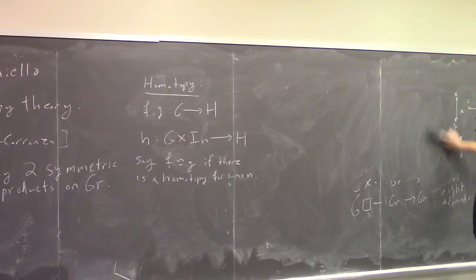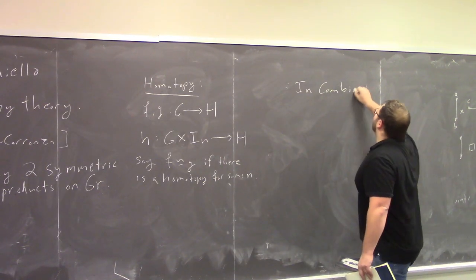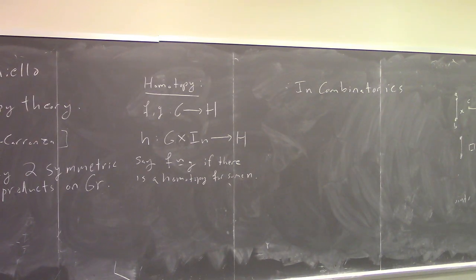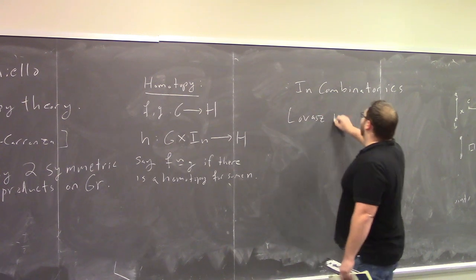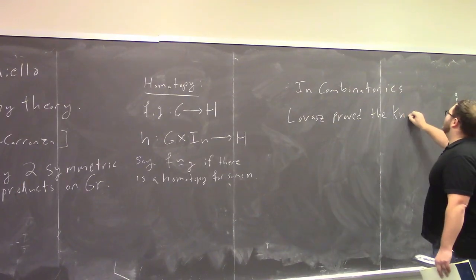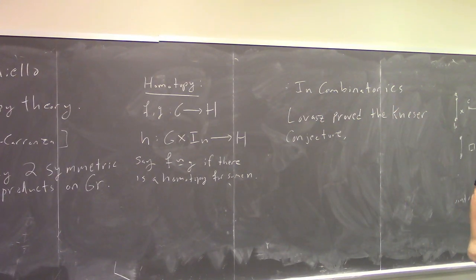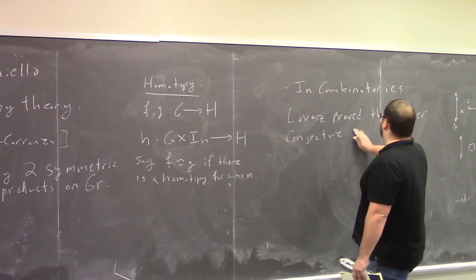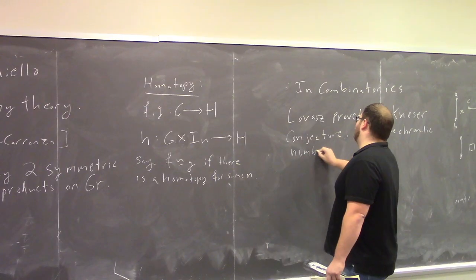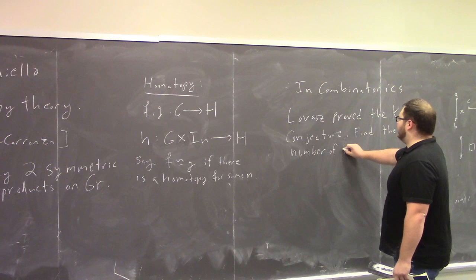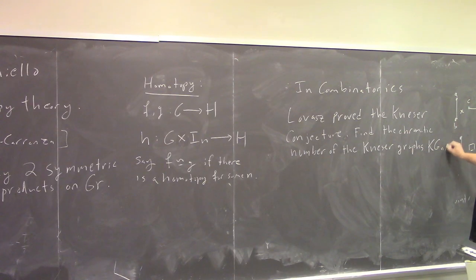Where does that show up in combinatorics? Lovász proved something called the Kneser conjecture, which was to find the chromatic number of a certain kind of graph, the Kneser graphs.